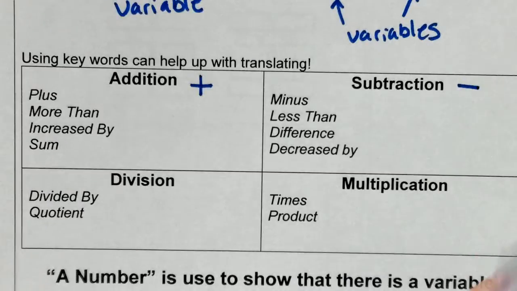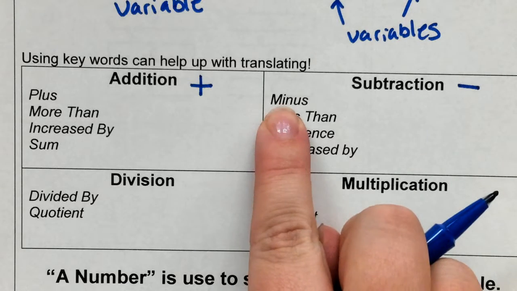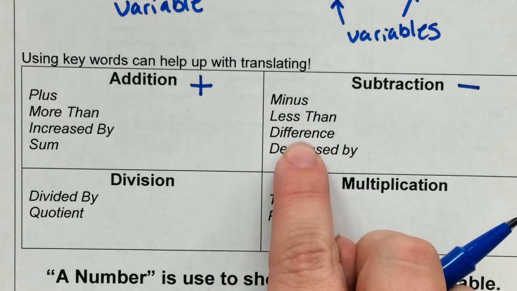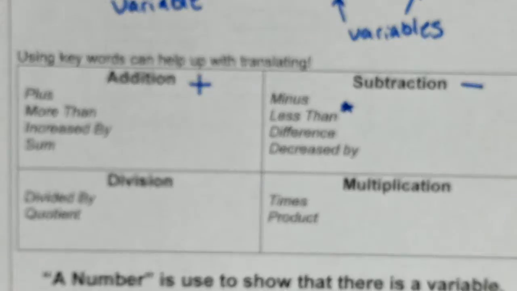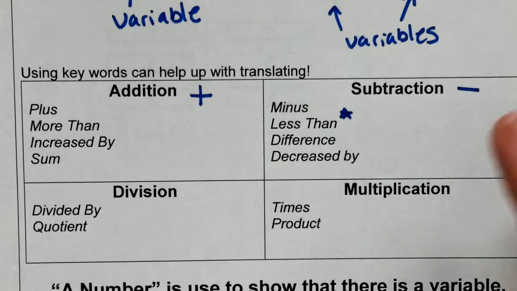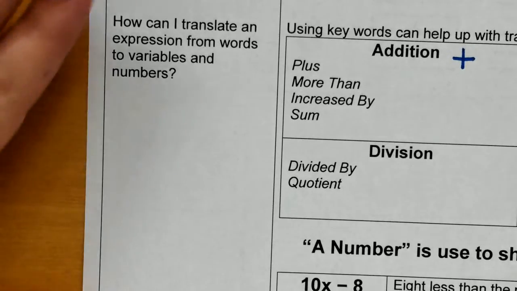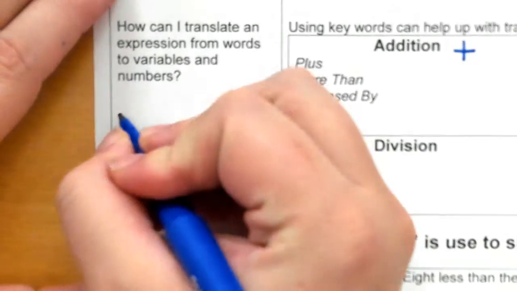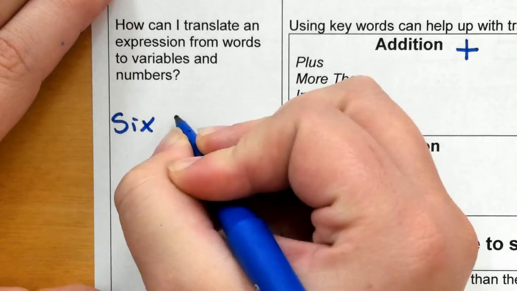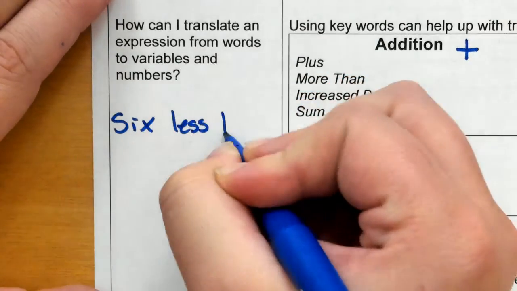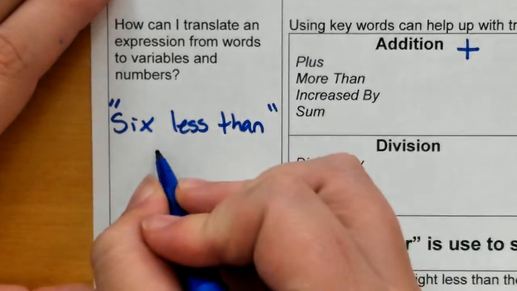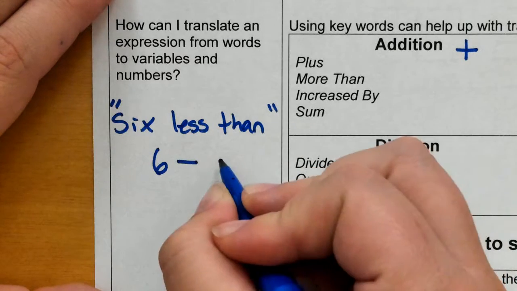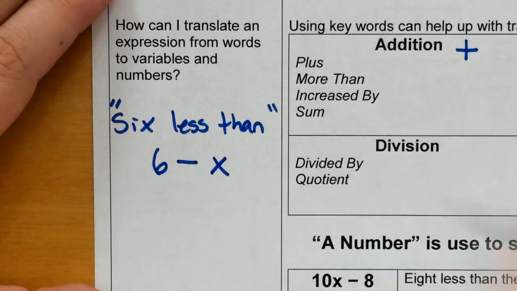When we use our subtraction symbol, they might use words like minus, less than, difference, or decreased by. I'm going to put a star by less than, and we're going to move to the side and talk about less than, because it's tricky. If I say 6 less than, some might think that that means that it's 6 minus x, or 6 minus 3.